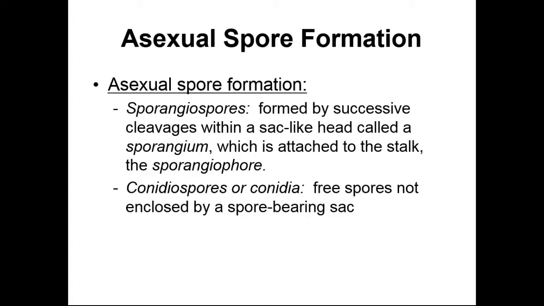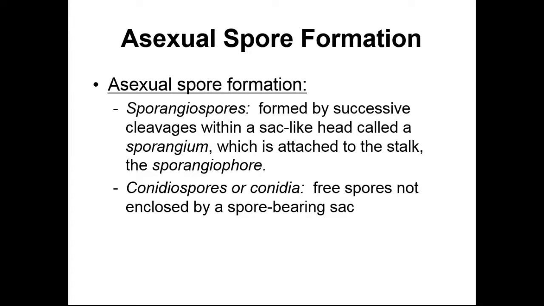If we have an asexual spore formation, we are going to start out with a structure known as a sporangiospore. A sporangiospore is made by having the hyphal cell cleave multiple times. And as it's cleaving multiple times, it's going to cause a sac known as a sporangium to form.